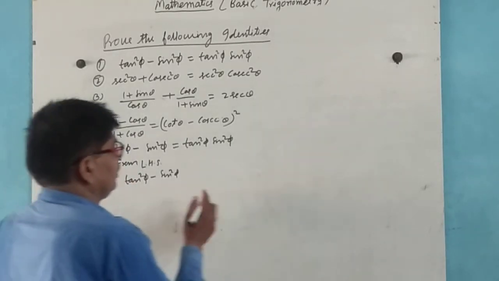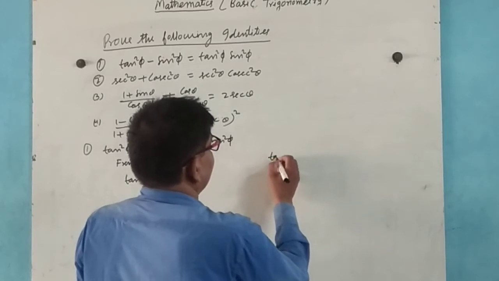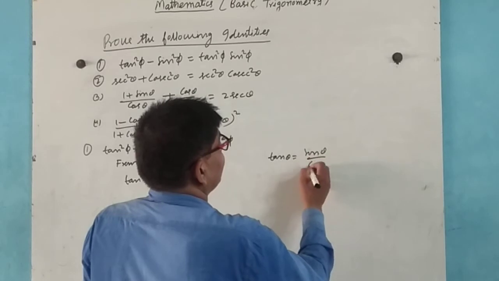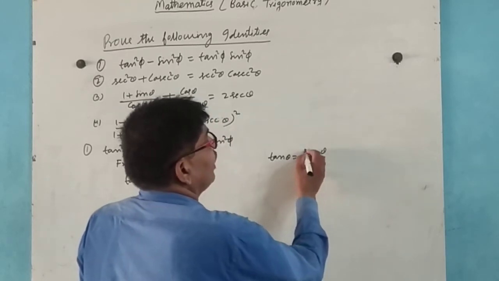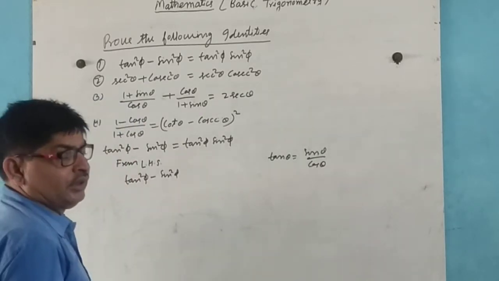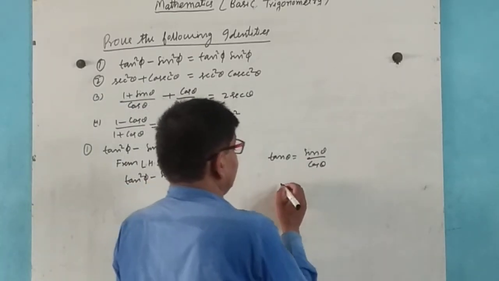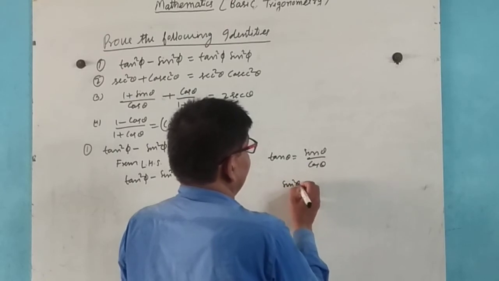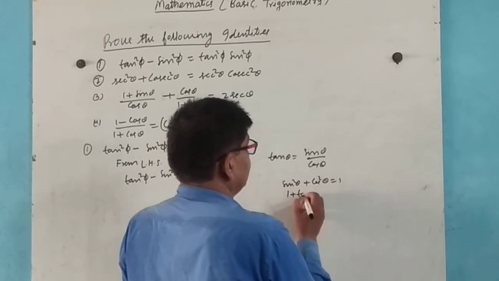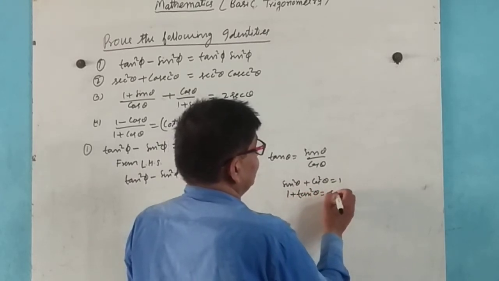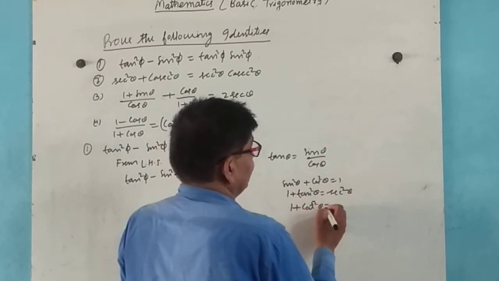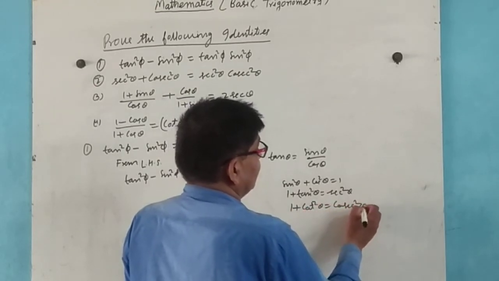Here we have tan theta equal to sin theta divided by cos theta. We have studied sin square theta plus cos square theta equal to 1, 1 plus tan square theta equal to sec square theta, 1 plus cot square theta equal to cosec square theta.